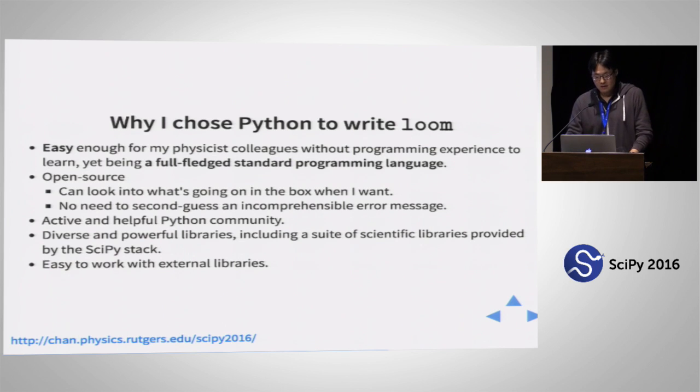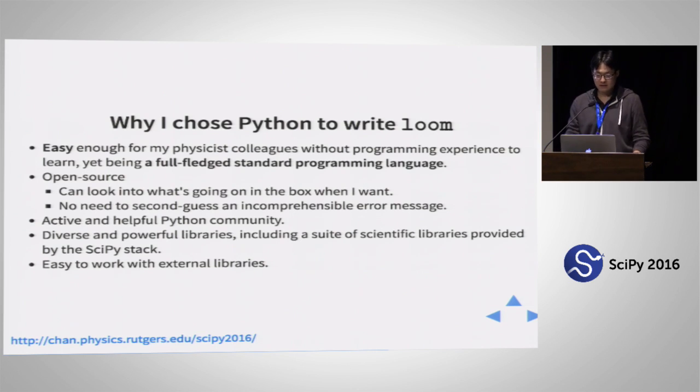And why did I choose Python to write this program? First of all, my physicist colleagues don't have much programming experience, but Python is easy enough for them to learn how to work with it. On the other hand, Python is a full-fledged standard programming language.